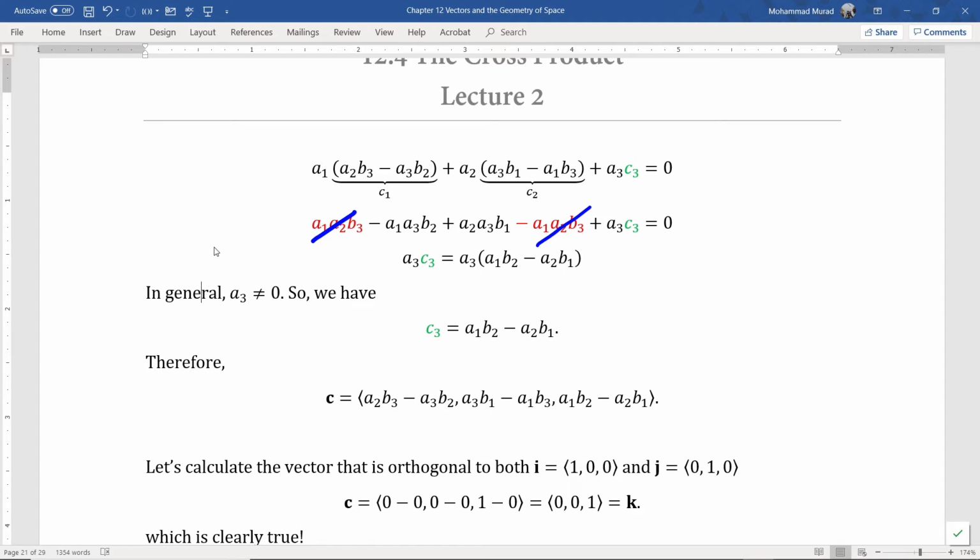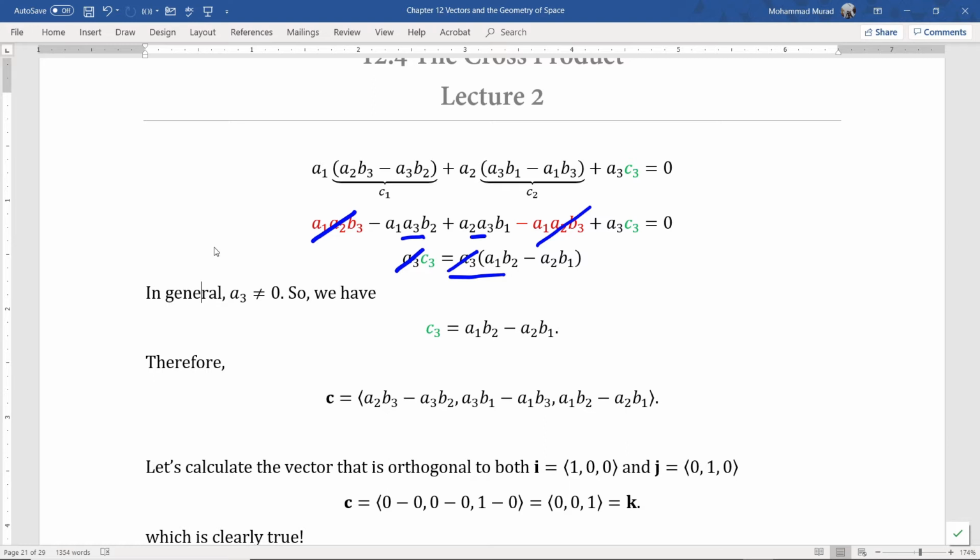So keeping the A3 C3 on the left hand side and transposing the other two terms to the right hand side, and by making a factor of A3, we get this equation. Since A3 is not in general always 0, we can divide the equation by A3. So we're left with C3 as A1 B2 minus A2 B1.